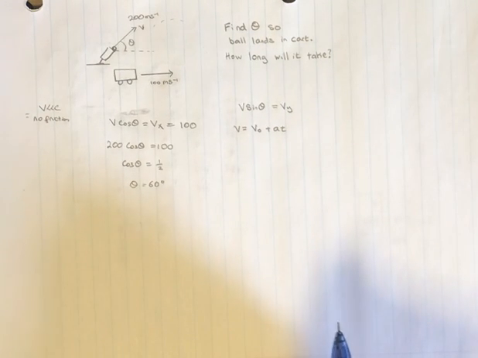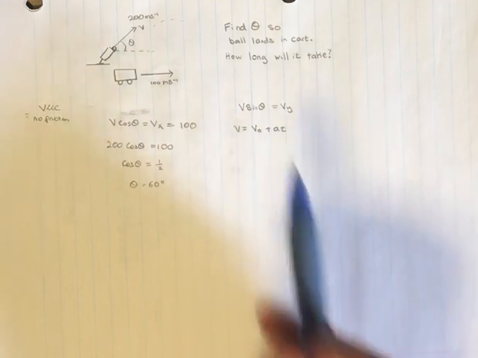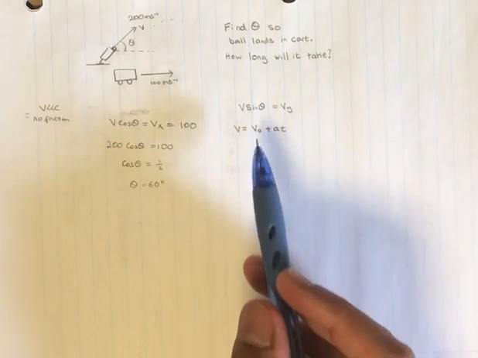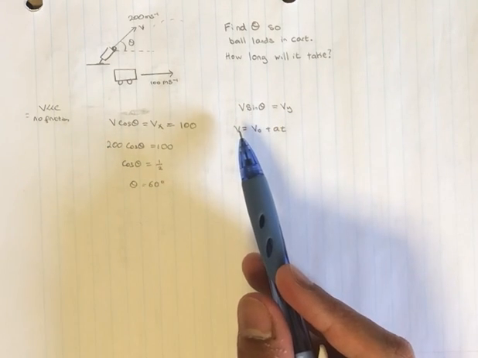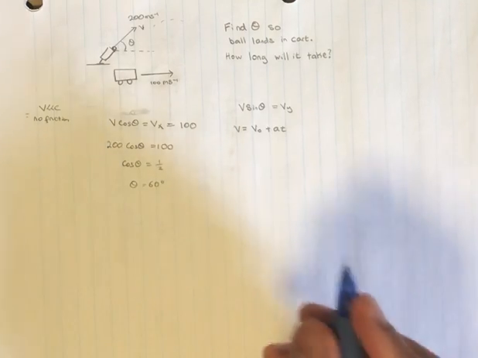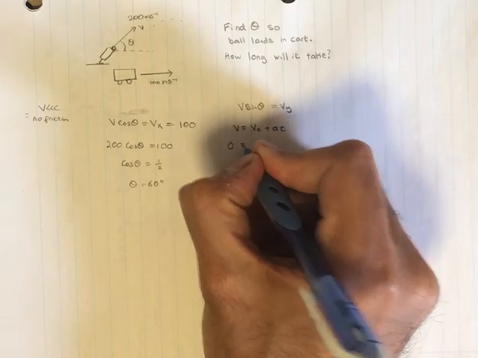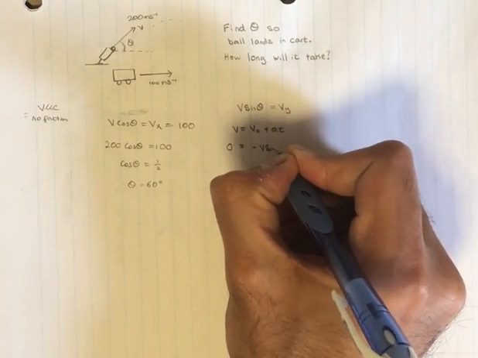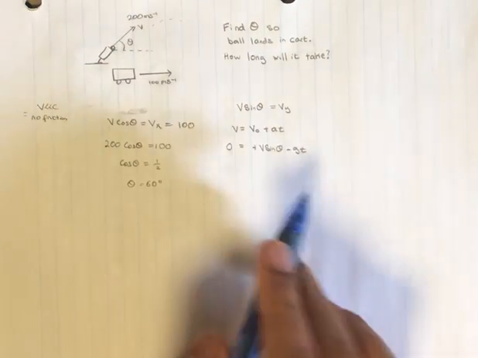Now, the acceleration is taken to be gravity. The initial velocity is taken to be vy. And we know that we reach the final velocity, which is 0. Therefore, the time taken is minus v sine theta minus gt.